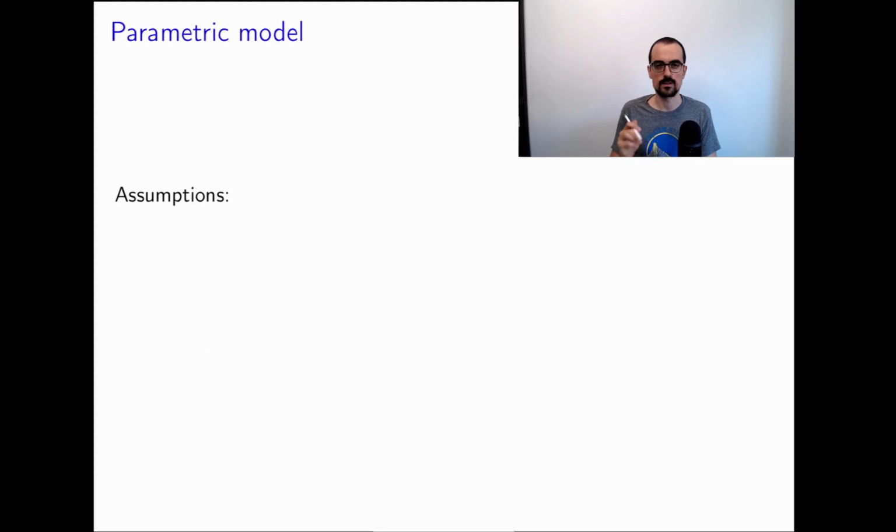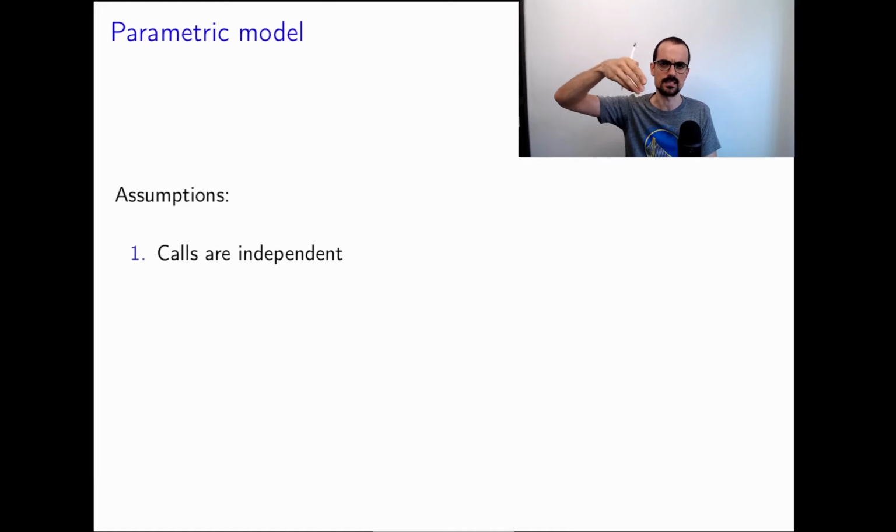Okay, so first, we already know what non-parametric model we're going to apply. That's really easy. We're just going to apply the empirical PMF. Let's derive a parametric model for this data. The assumptions we're going to make might sound a little bit familiar. We're going to assume that all the calls are independent, meaning that people calling the bank, these calls are not actually dependent in the sense that if I receive a call now, I'm more likely to receive a call soon.